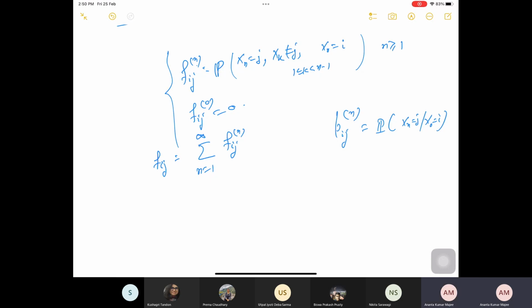So is there any relation between this f_ij(n) and p_ij(n)? This relation is called the first entrance theorem.